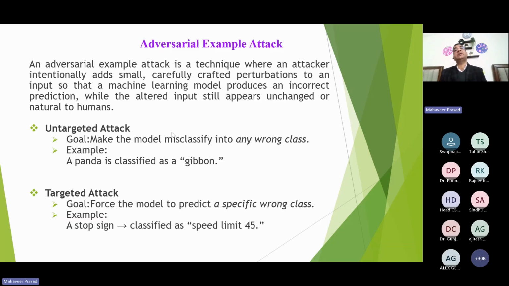Now the next category is adversarial example attack. So what are adversarial example attacks? You have trained the model using some data, and now we are using adversarial techniques like the fast gradient sign method, PGD, Carlini-Wagner, or DeepFool. There are various techniques which you can use to perturb the data.